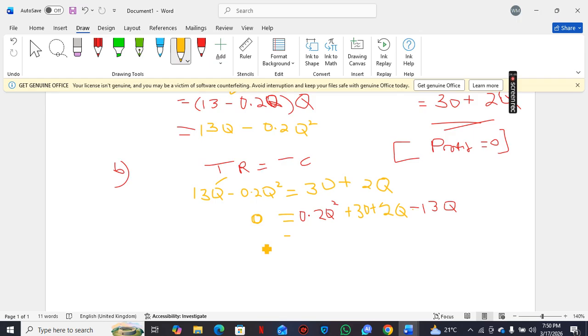We want to solve for Q. Remember, all that we're trying to do, colleagues, is we want to solve for Q. So I've got 0.2Q squared. 2Q minus 13Q, you get negative 11Q. Plus 30.